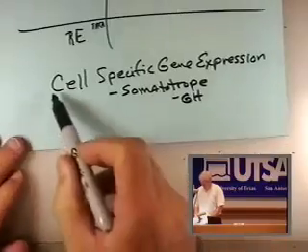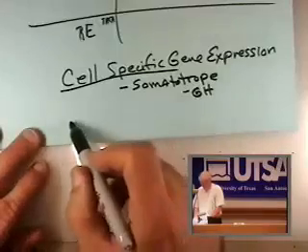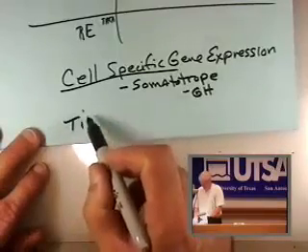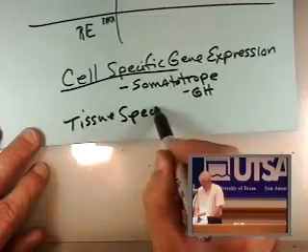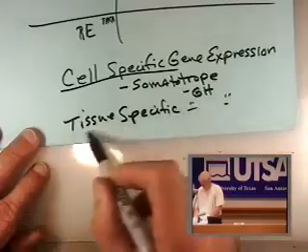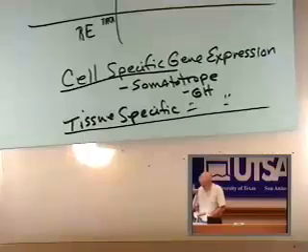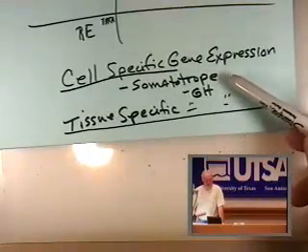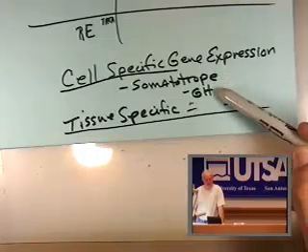So that description reminds us of a different type of specific gene expression, and that's tissue-specific gene expression. I said, why is it that only cells in the pituitary express the gene for growth hormone?